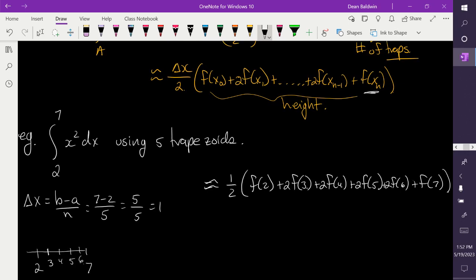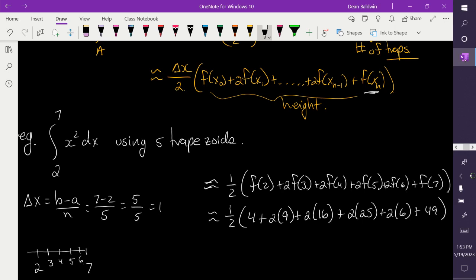Those numbers literally go into your function. Our function is x squared. So we get 1/2 f of 2. So if I put 2 into x squared, I get 4 plus 2 times 3 squared is 9. 2 times 16. 2 times 25. 2 times 36, and then plus 49. And that is just algebra.